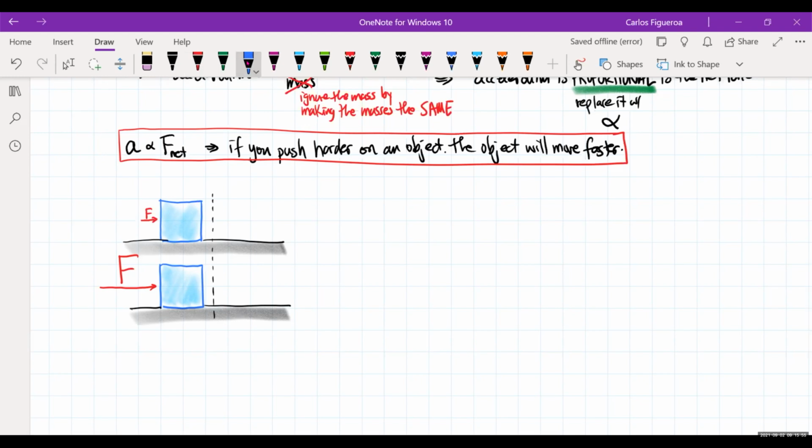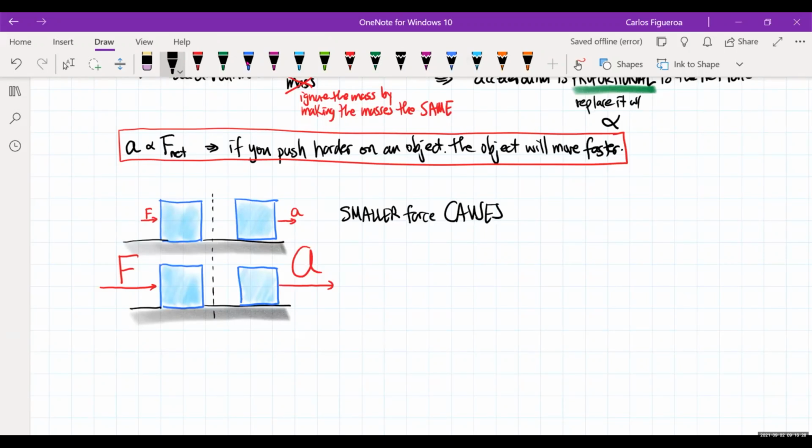So if I draw this, if I look at the accelerations, this guy is just going to speed up a little bit. This guy is going to speed up more. So the smaller force causes a smaller acceleration.